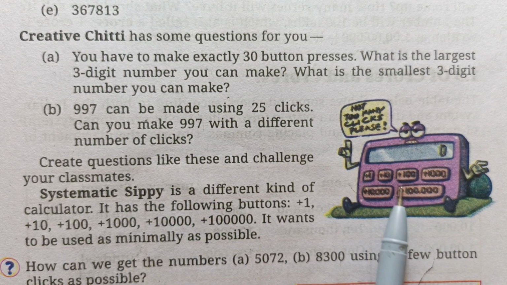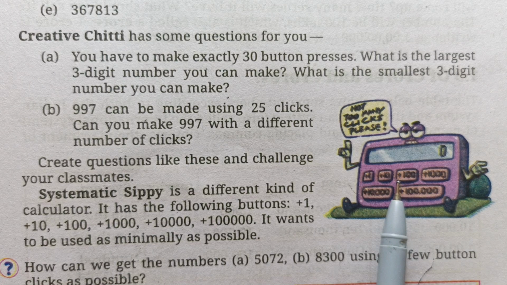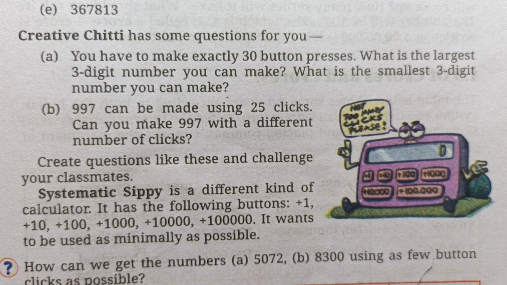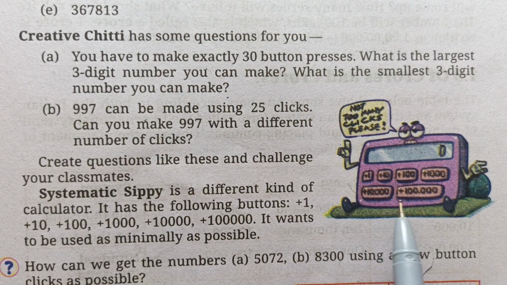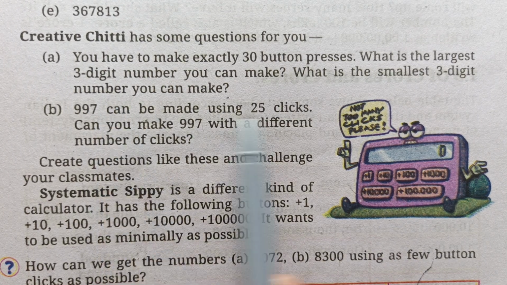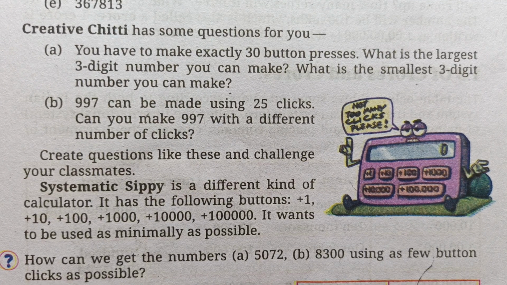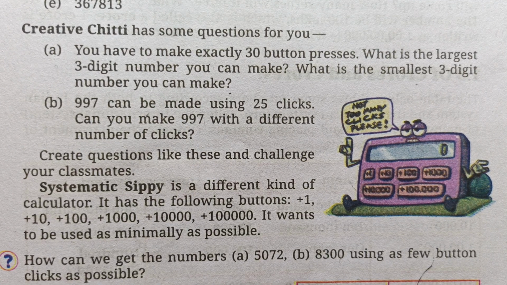So with the help of this calculator, here we have to press any button you wish, only 30 times altogether. So the final result should be the largest 3-digit number as well as the smallest 3-digit number. These two numbers we have to get. So what might be the combination?